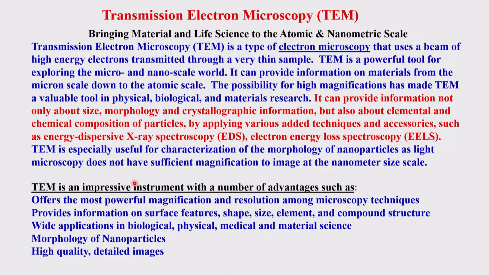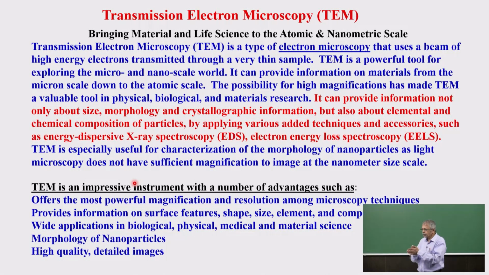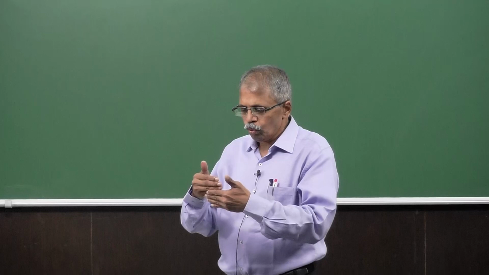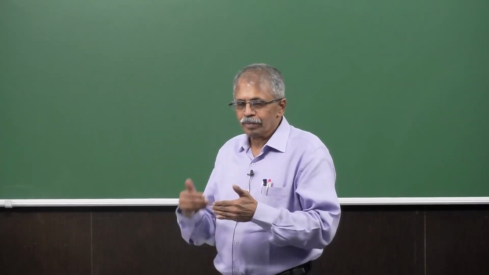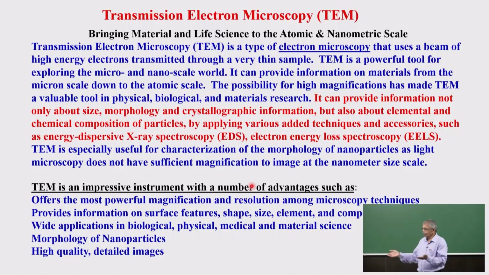The TEM is again not one single instrument; it is a family of instruments. One major instrument is the TEM, and all other additional attachments can be made to that. So it is useful for characterization of the morphology of nanoparticles. Light cannot give that, because light cannot go from the nanometric to the visual level. For that you need the electron impact, and that is what you do.